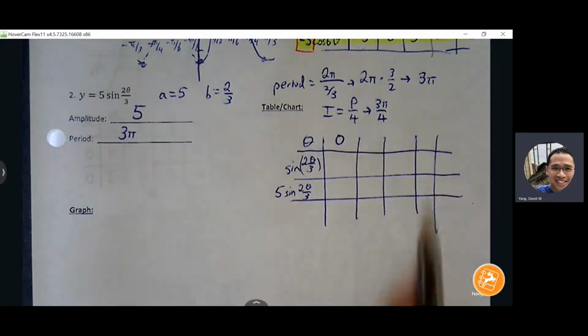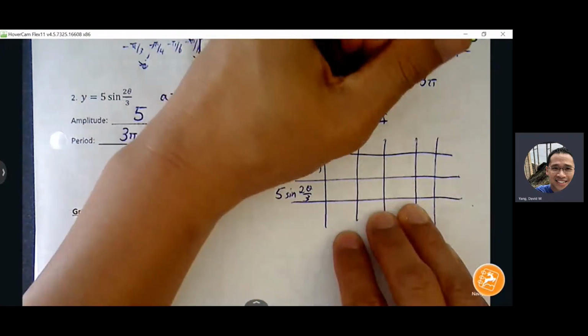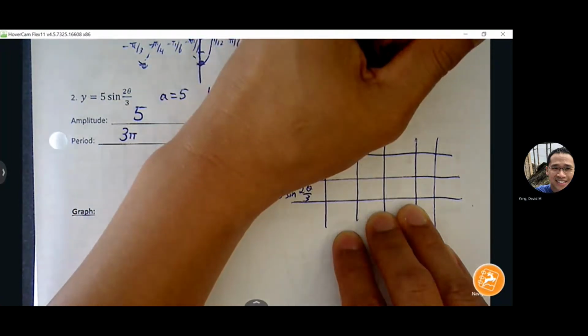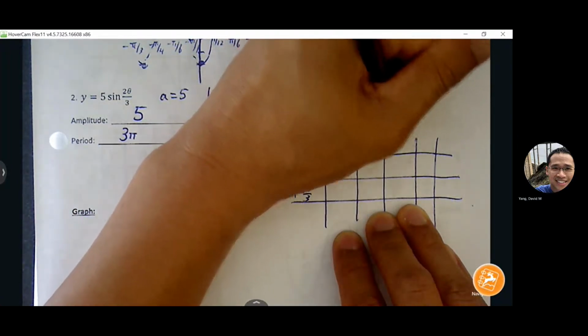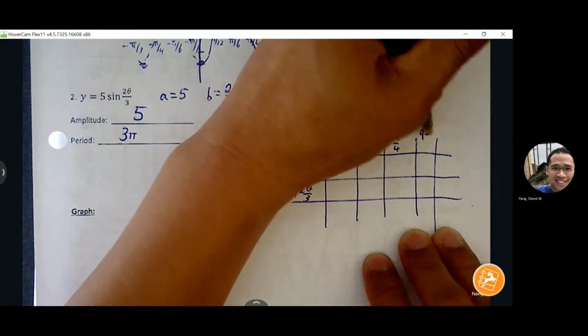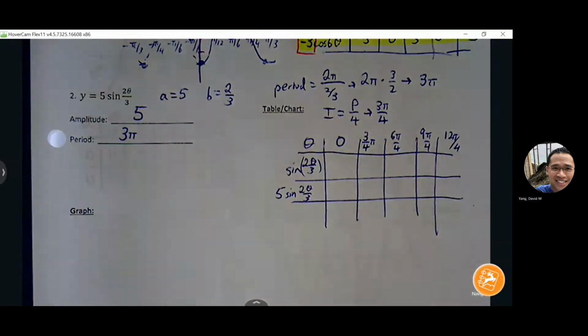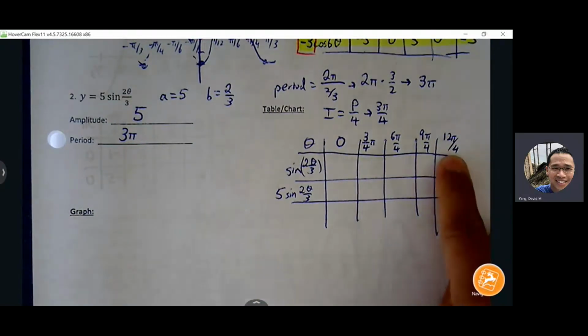Once you have your interval, you're going to keep adding 3 pi over 4 or 3/4. Arrive at your destination.